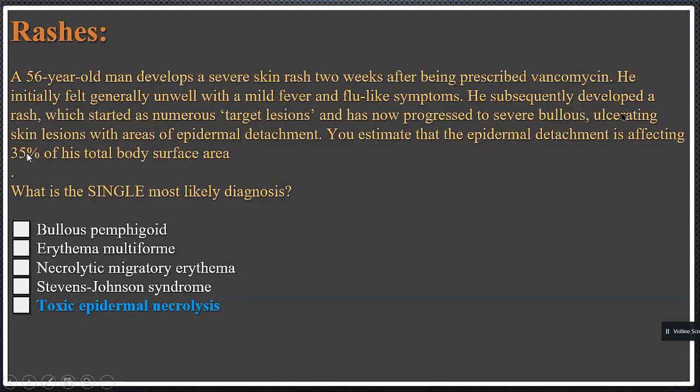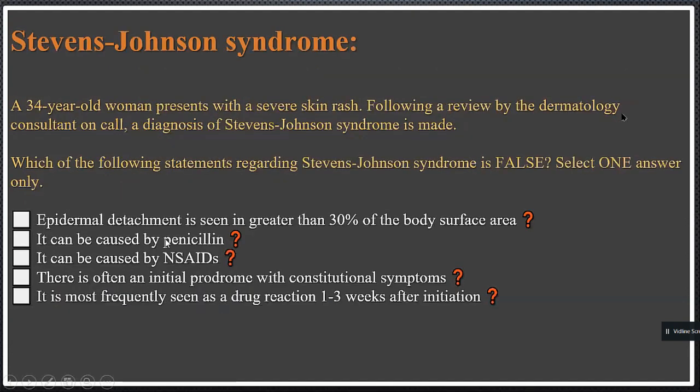If less than 10, it will be Steven Johnson. If more than 30, toxic epidermal necrolysis. Which statement regarding Steven Johnson syndrome is false? Option A, first one. Less than 10%, not more than 10%.